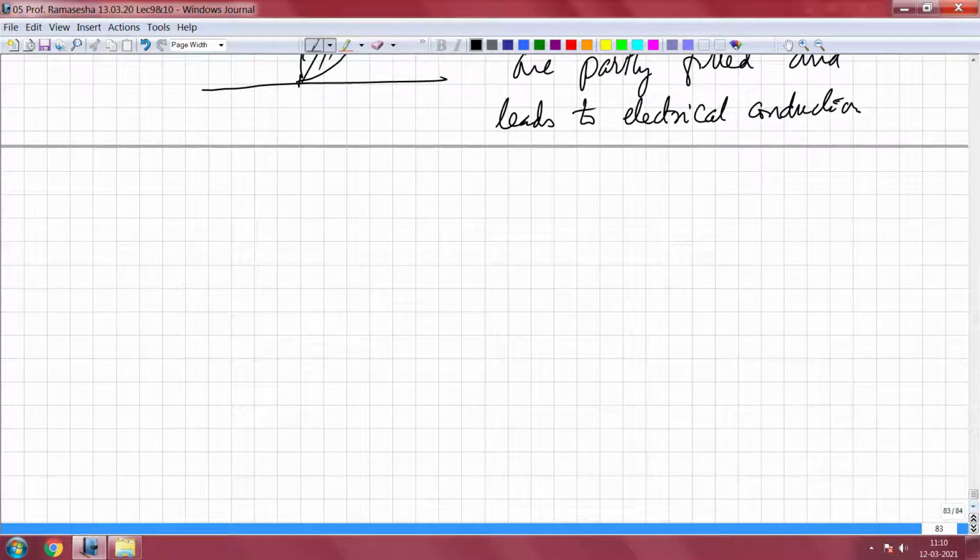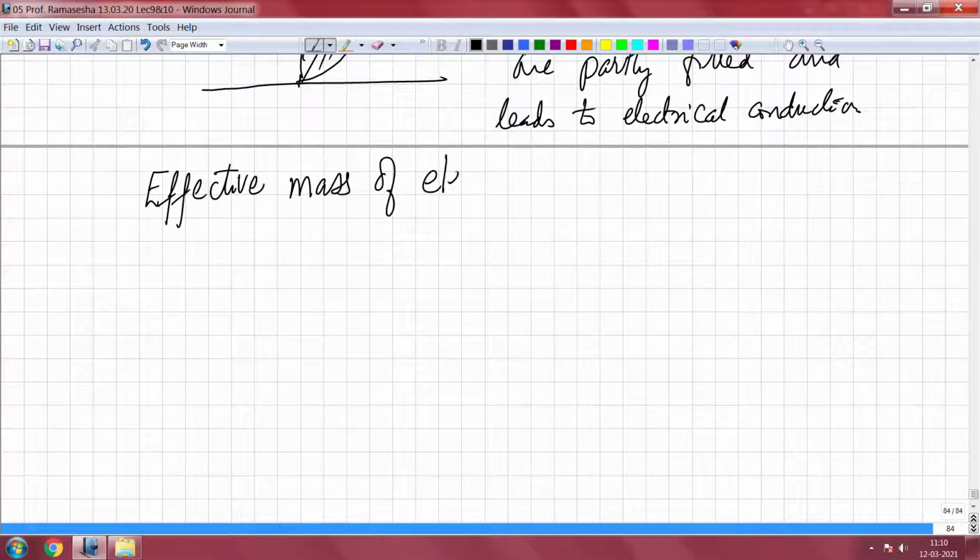Okay, now let us move on to another topic, which is basically something to do with what is called the effective mass of electrons.